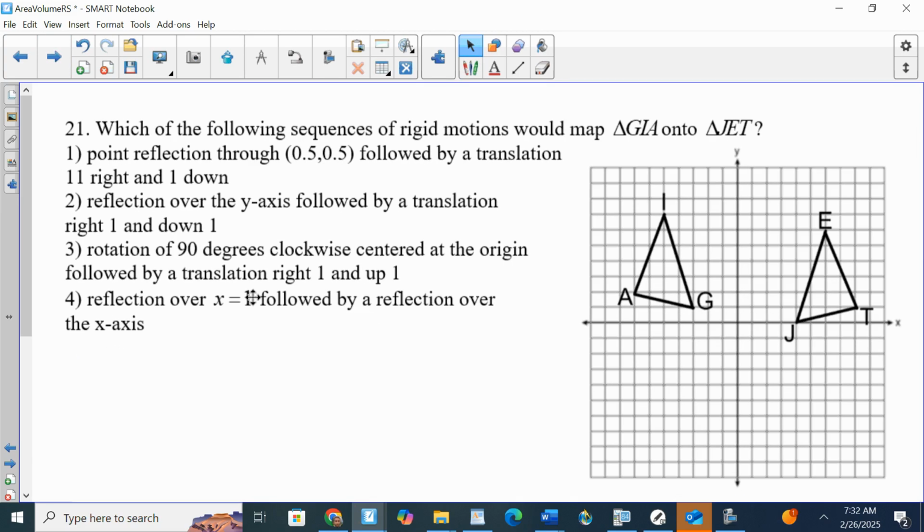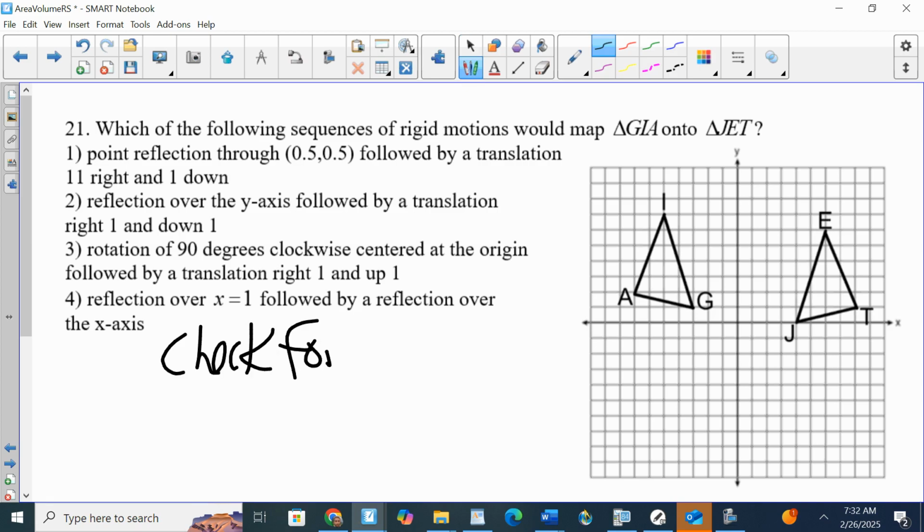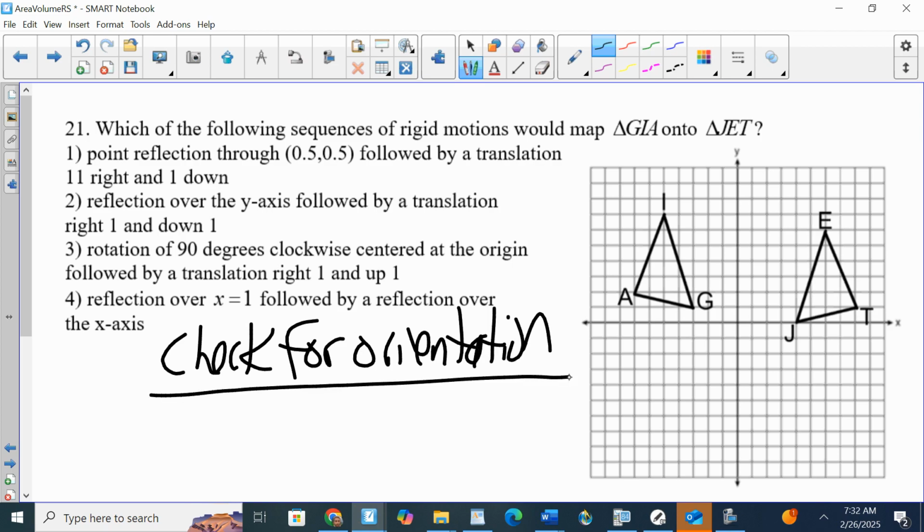To identify transformations, to identify rigid motions, check for orientation. Same rotation, same center, it's a rotation.